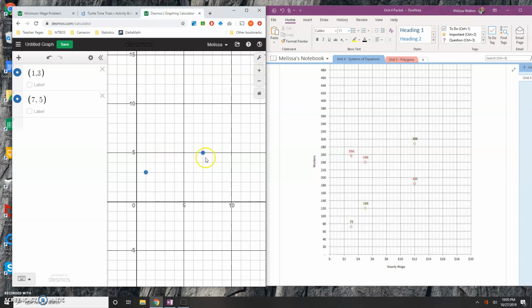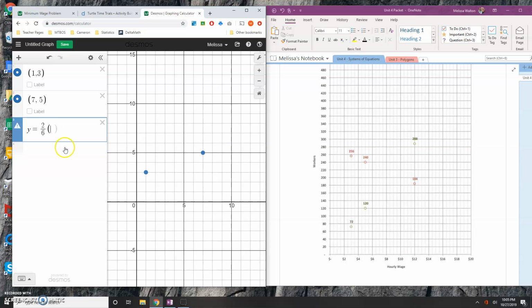If I have 2 points, I can write a line in between those. First thing that you need is you need your slope from here to here. I went up 1, 2, and over 1, 2, 3, 4, 5, 6. Up 2 over 6. Y equals up 2 over 6. If you wanted to, you could go ahead and simplify that to 1 over 3, but I'm going to go ahead and leave that.